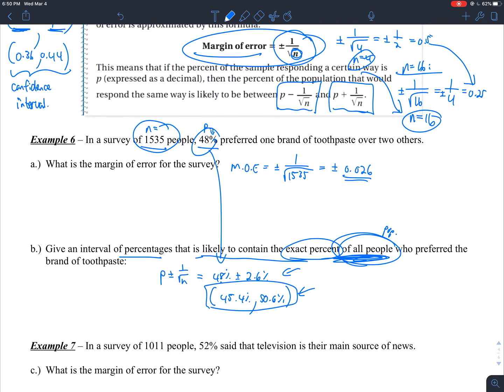Okay, and actually I have to admit that this is also confusing. In statistics, we've been learning interval notation this whole year in Algebra 2. In statistics, we use open parentheses for a confidence interval, but we mean inclusive.